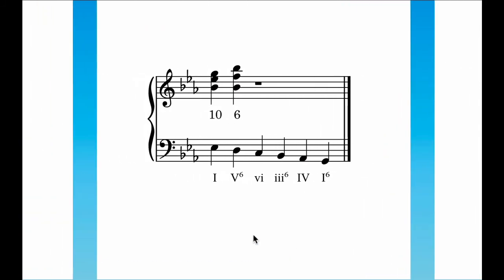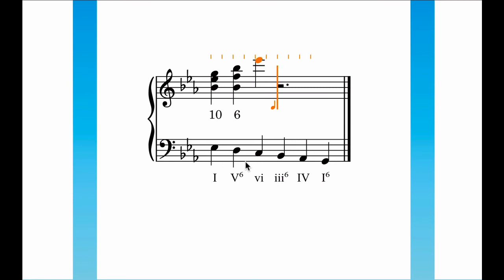Then there's a variation on the Pachelbel Canon, which involves a descending scalar bass line. And what you're going to do here is you're going to start, you have 1, 5, 6 going to 6. Then the 6 goes to 3, 6 to 4. And it gives you this stepwise bass line. So when I go in here now, everything's going to go down.